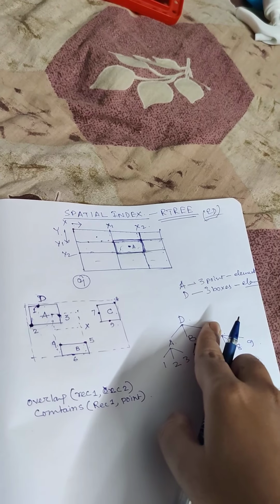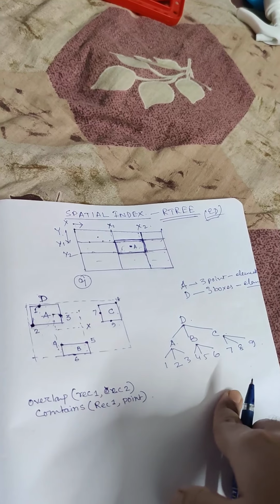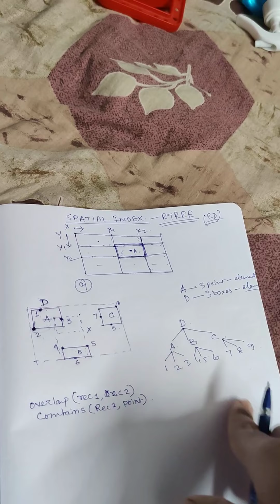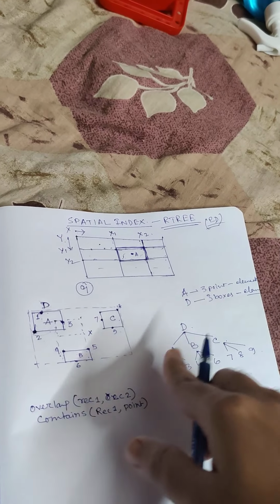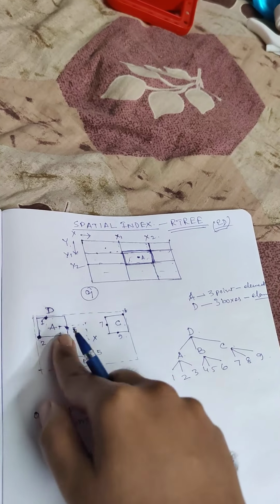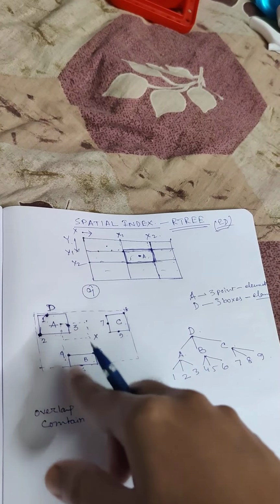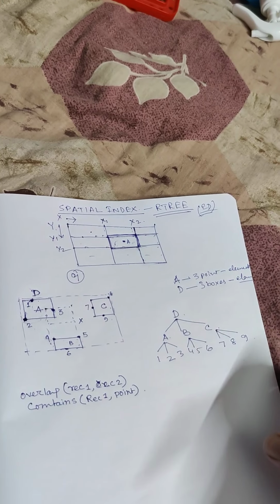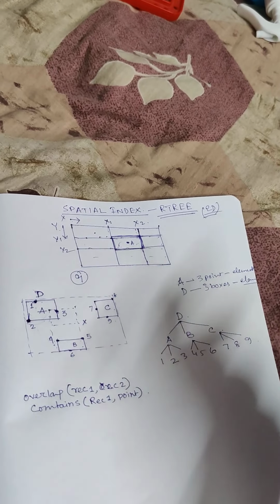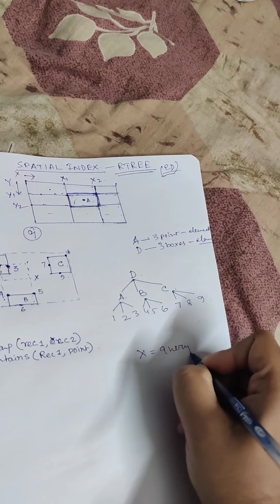The root doesn't have any point, and we go through the root to the children, and we see whether the children have some overlapping or not, right? That is exactly what we are trying to show with X. Now X is actually our query box, you can say that.